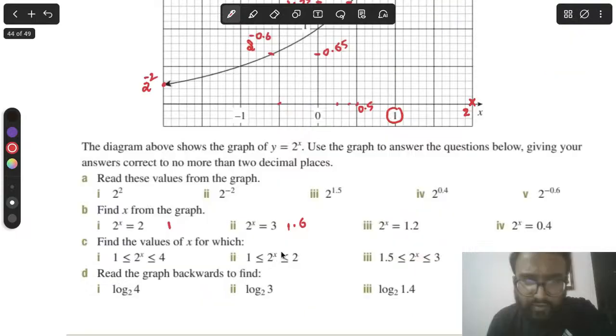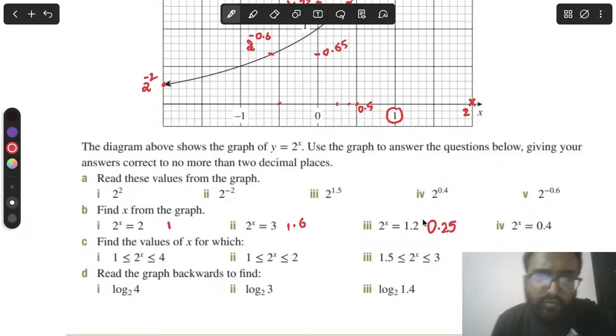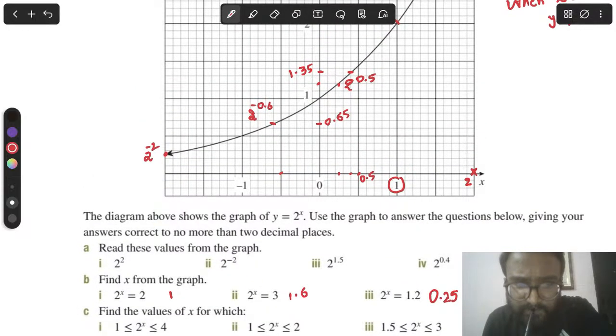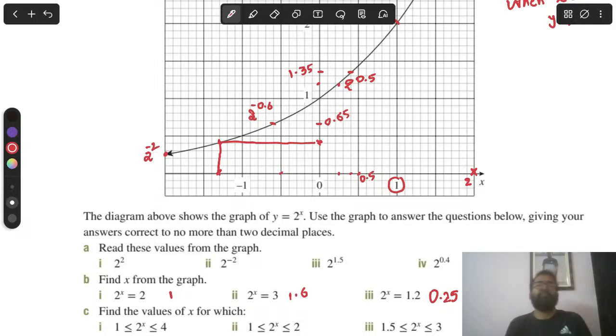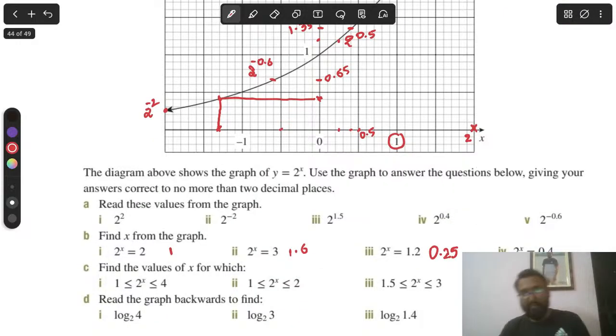Okay, 0.25. Where is 0.4? Am I right? What is this number? Minus 1.3.